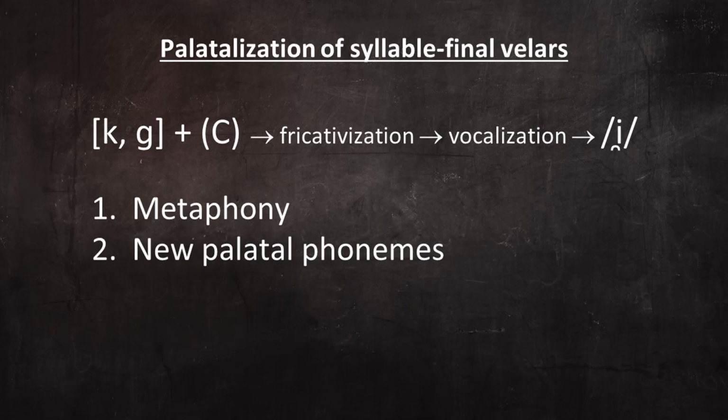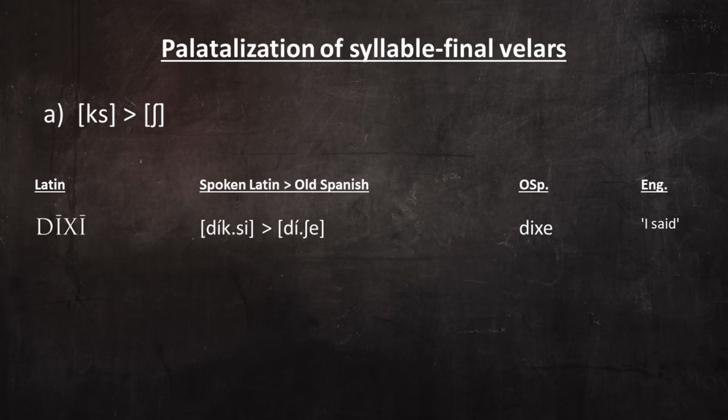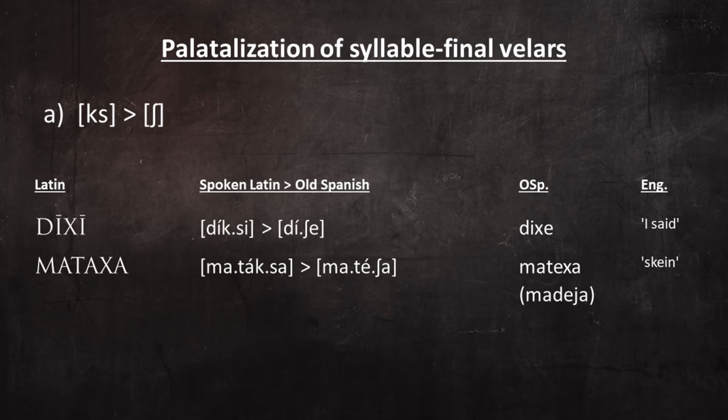Now this is all pretty complicated, and I'll confess I'm not sure about all the intermediate steps, but here are some examples of spoken Latin to Old Spanish before and after. Dixi became dice, mataxa became matesha, entaxo became tesho.